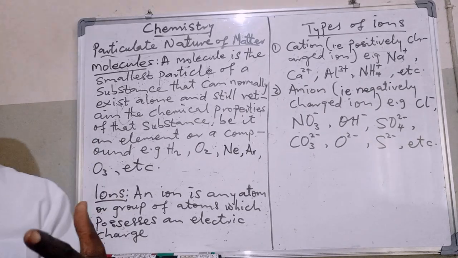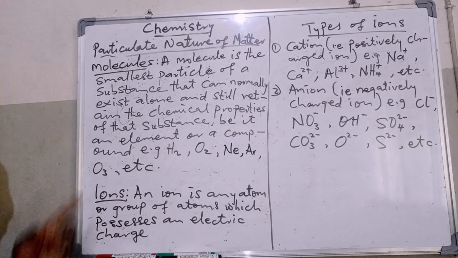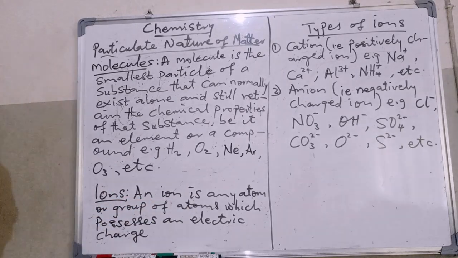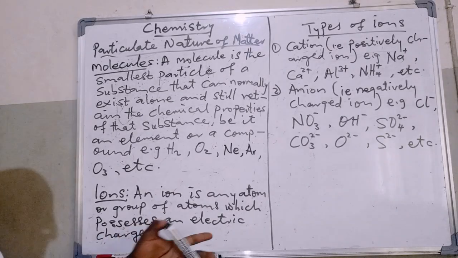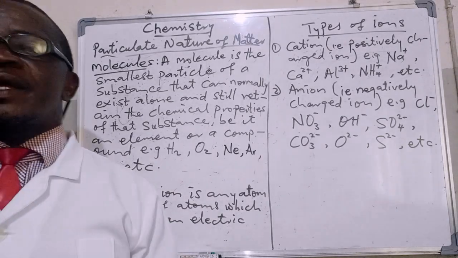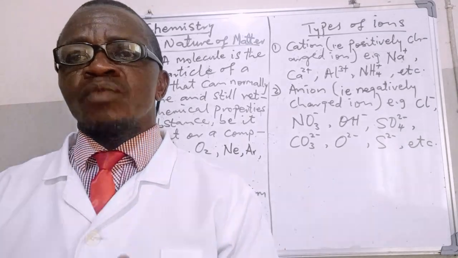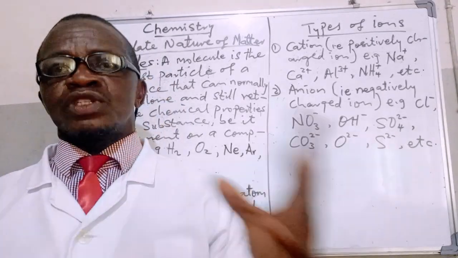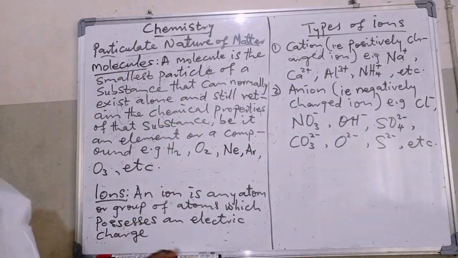Now we move to ions. Remember, I mentioned atom, molecule, and ion. What is an ion? An ion is any atom or group of atoms which possesses an electric charge. When one atom or two or three, as the case may be, share the same charge, whether positive charge, plus, or minus, that's an ion.